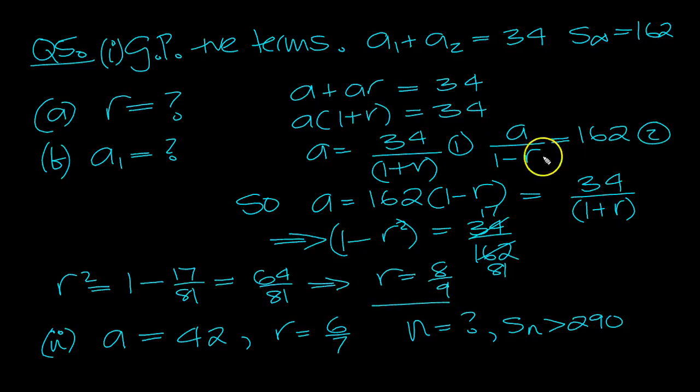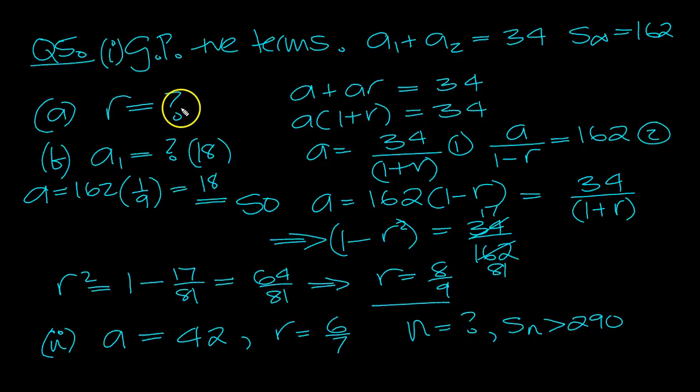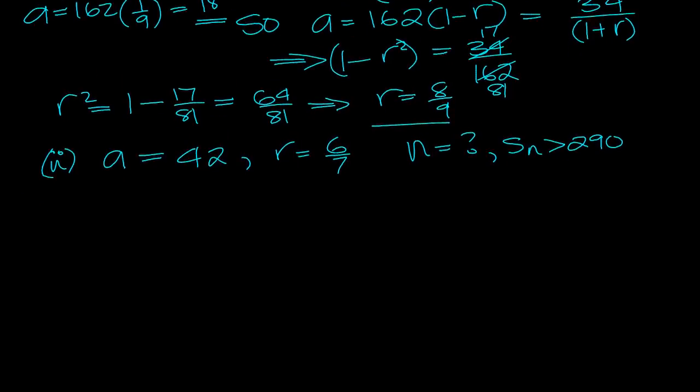So the first term, a, is equal to 162 times 1 minus 8/9, which is 1/9. 10 nines are 90, leaves 72, 18, a is 18. So that's 18, and r is 8/9 for a and b.